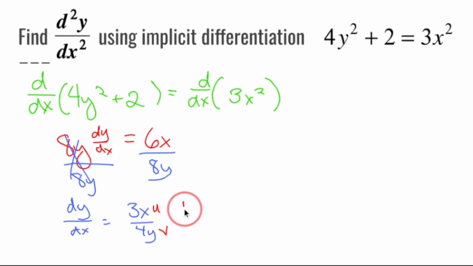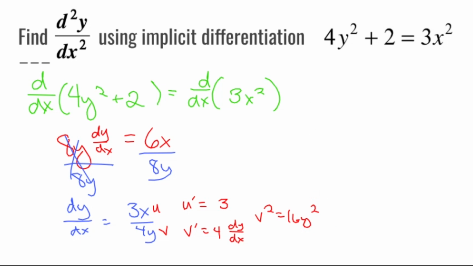And so I need to find u prime, which is going to be 3. I need to find v prime, which is going to be 4 dy/dx. And I need to find what v squared is, which is 16y squared.